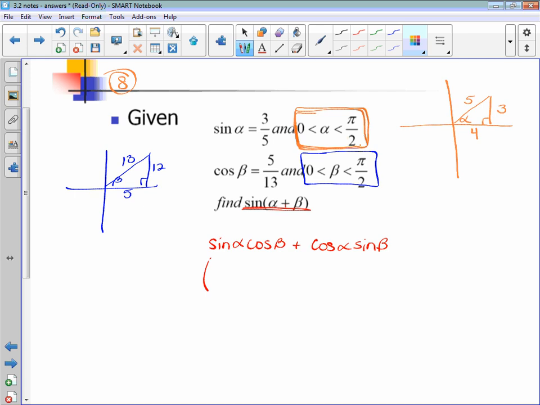Here's alpha. What's the sine of it? 3 over 5. And then cosine of beta. Beta's over there. What's the cosine of it? Plus. Now I need cosine of alpha, times the sine of beta. What's the sine in that blue triangle over there?